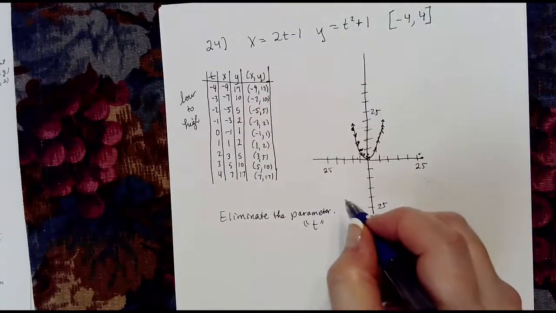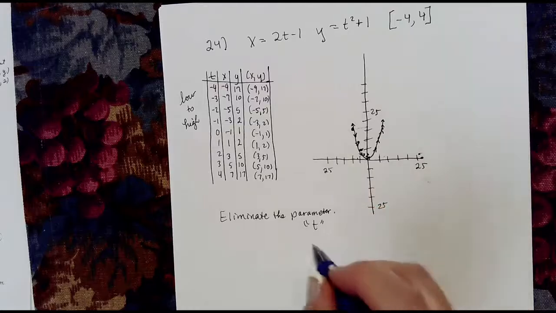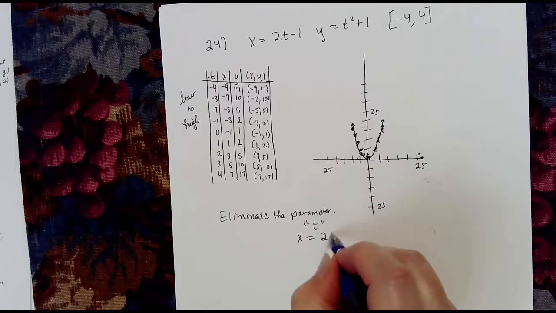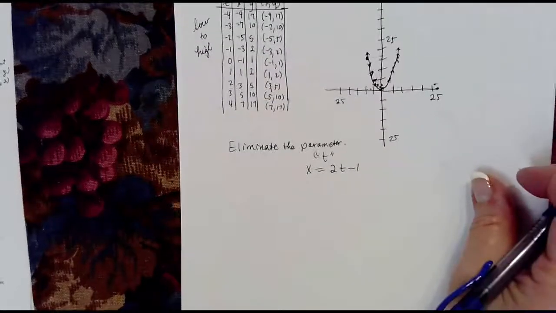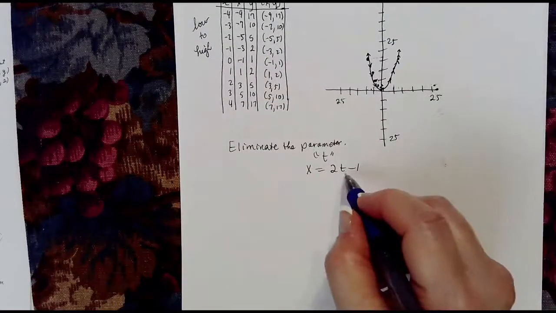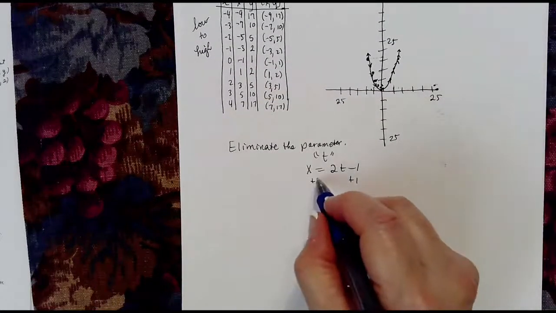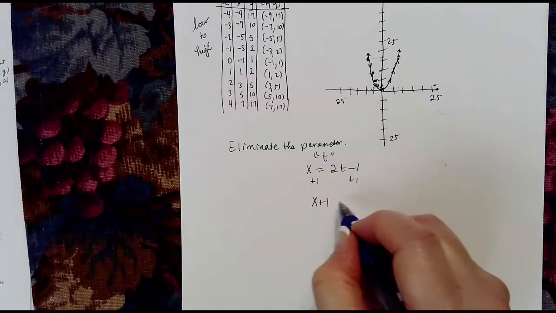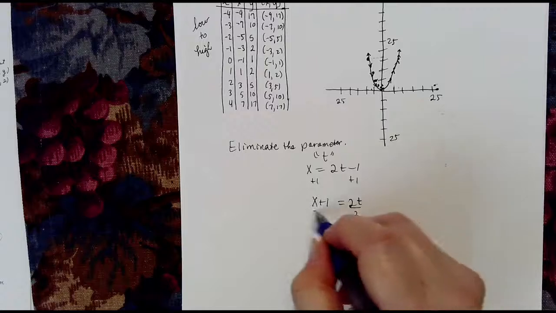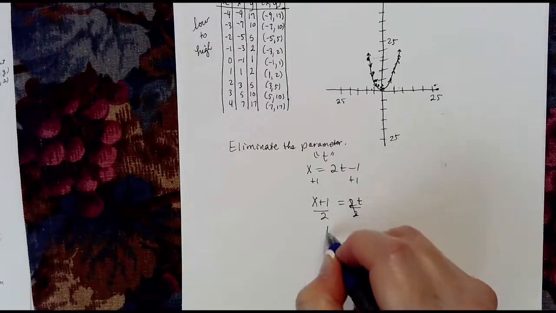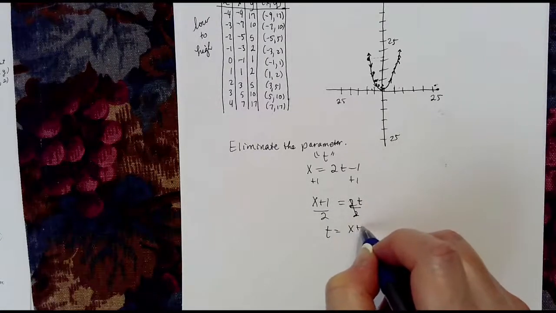Okay? So that's going to give me x equals 2t minus 1. I'm solving for t now, right? So if I solve for t, I add 1 to both sides first. So I get x plus 1 equals 2t. And then I divide by 2 on both sides. So this gives me t equals (x plus 1) over 2.